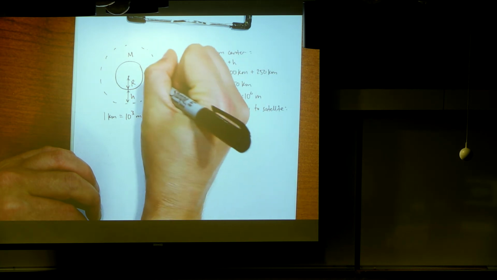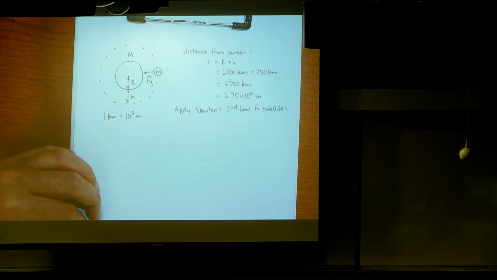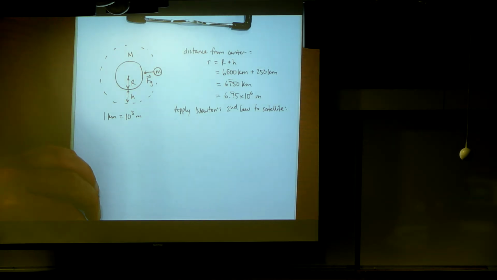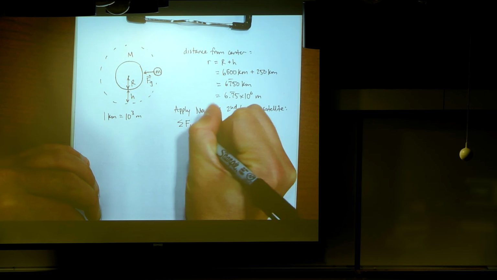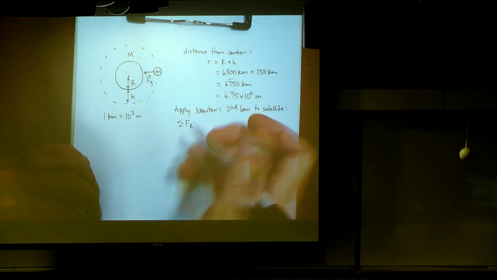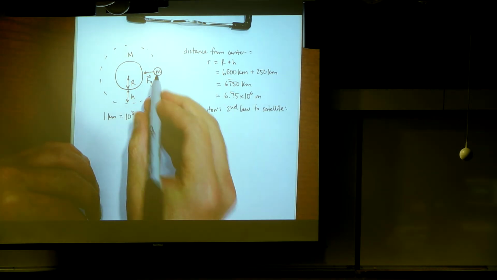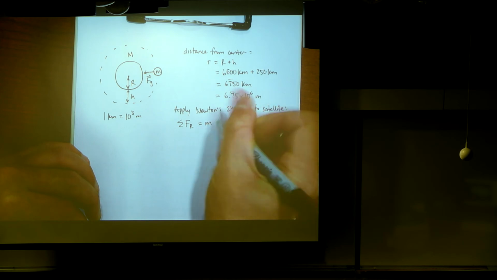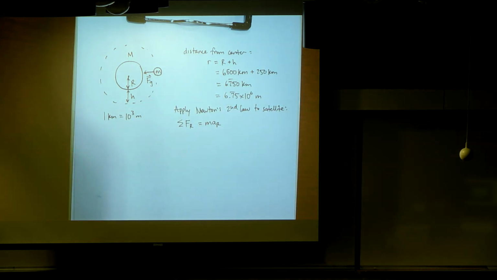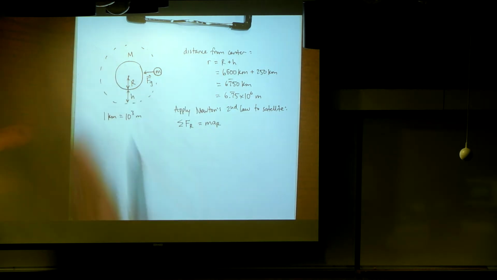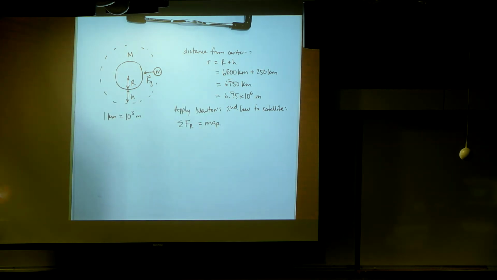Force of gravity attracting it to the planet and nothing else, okay? So what we do is we say the net force in the radial direction equals the mass of this satellite, which is little m, by the way, times the acceleration in the radial direction. We're doing this because we have circular motion, okay?